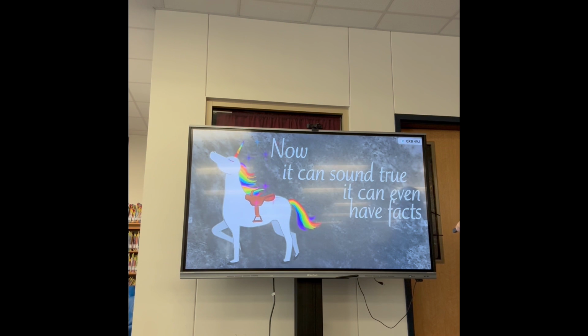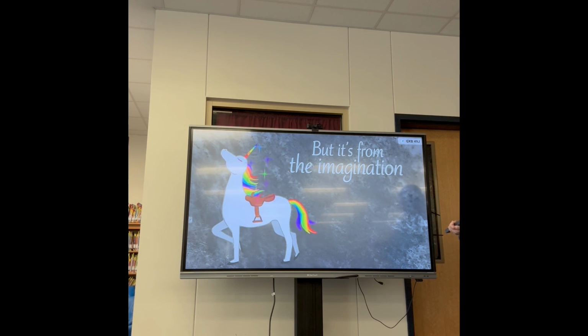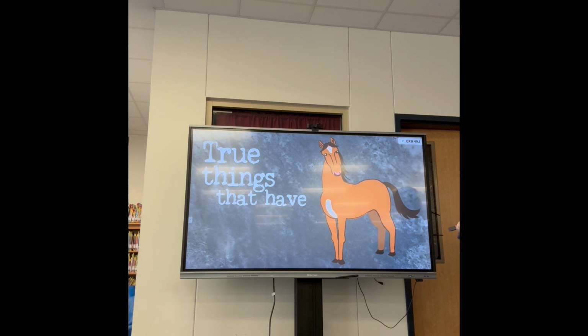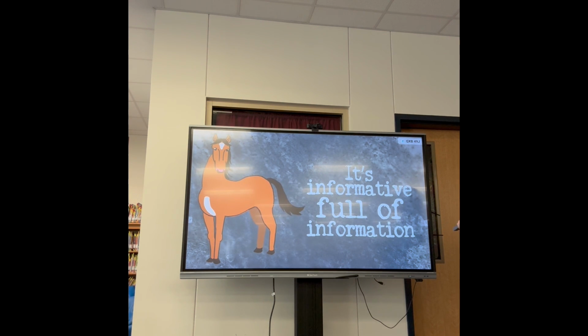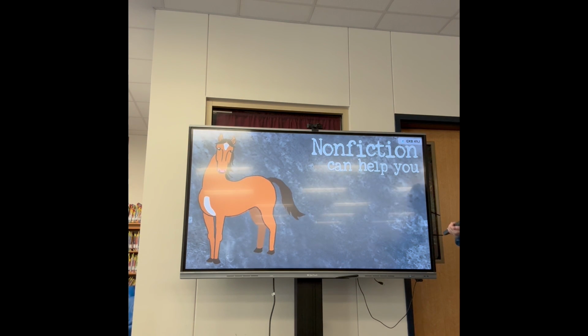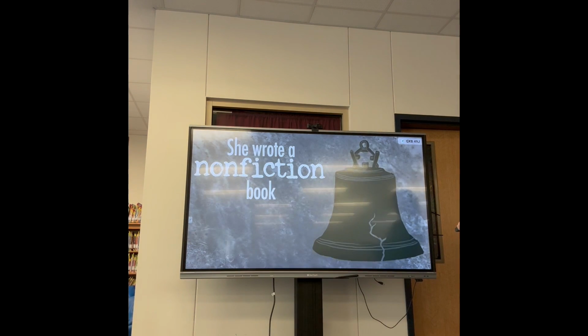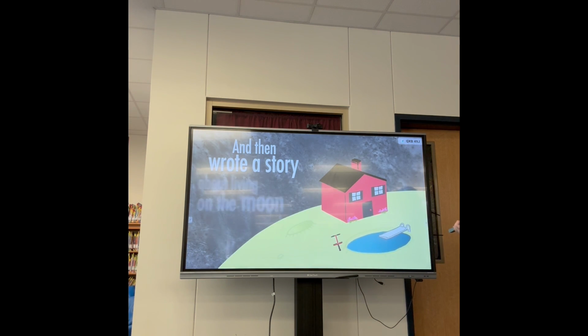Now it can sound true, it can even have facts, but it's from the imagination, we'll leave it at that. Okay. Now non-fiction is based on facts and true things that have really happened. It's informative, full of information. Non-fiction can help you with your education. Our author loved both. As you can tell, she wrote a non-fiction book about the Liberty Bell, and then wrote a story about living on the moon, which is fiction for now, but who knows, maybe soon.